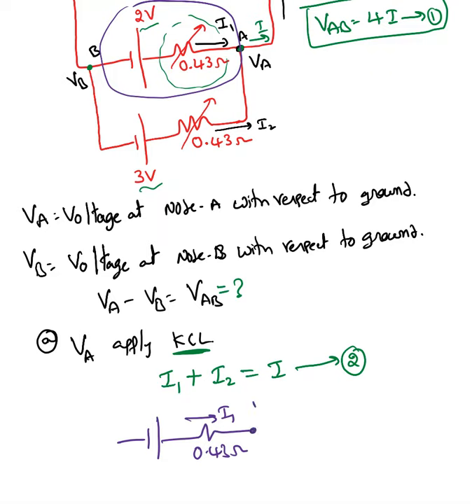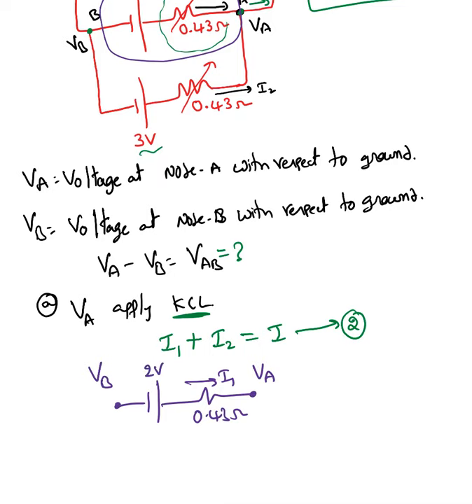The voltage here is VA, the voltage here is VB. If I apply KVL here, what is the voltage between these two terminals? It must be VAB. So can I say VAB equals 2 volt minus 0.43 I1?